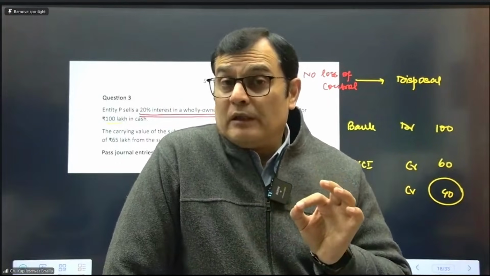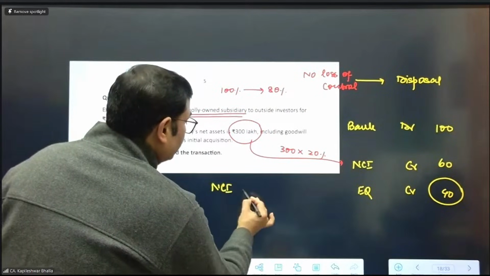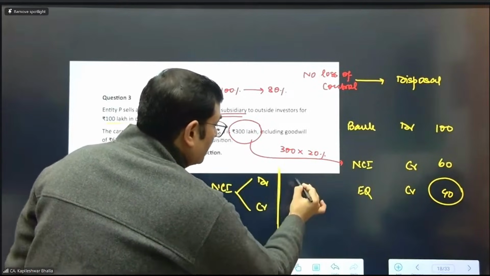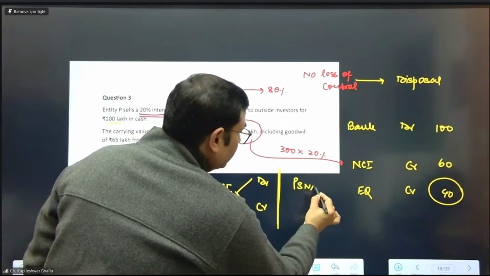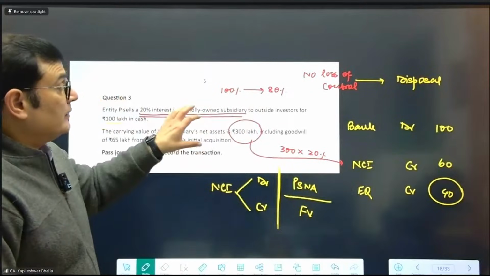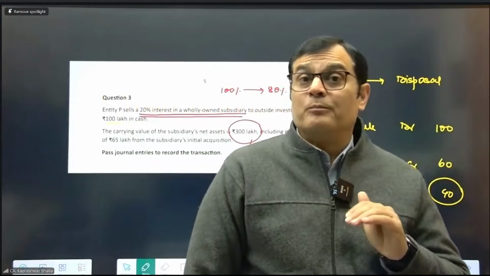So you need to be careful that in these entries, when the NCI gets a debit or a credit, you need to watch out whether the NCI is at PASNA or at fair value. Though in this particular question, there was no existing NCI, so that question did not bother us.